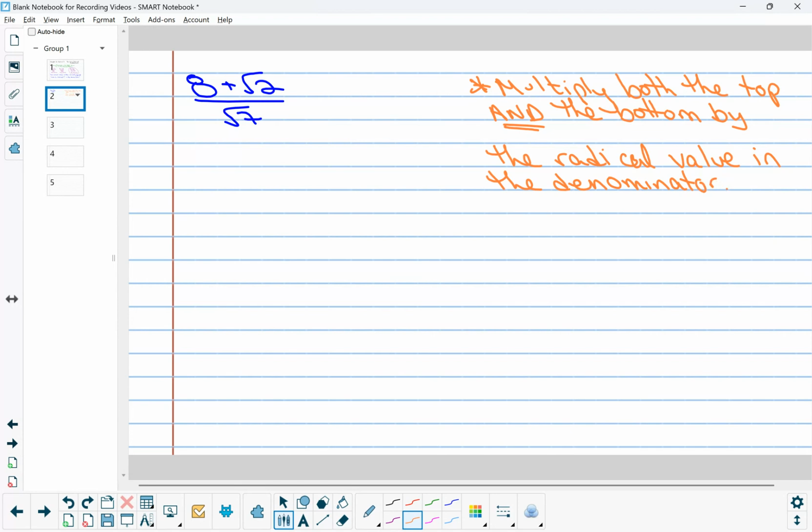Why? Well, if you have the root of x in the denominator and you multiply it by a root of x, whenever you multiply a radical by itself, you get just that value without the radical, right?